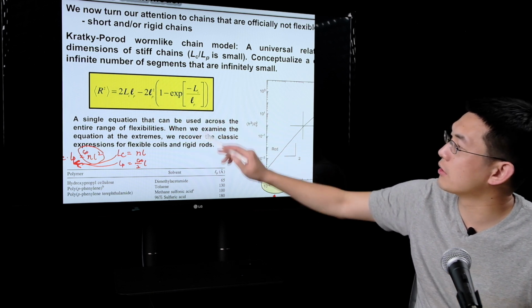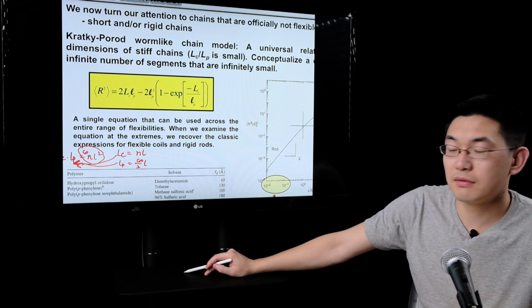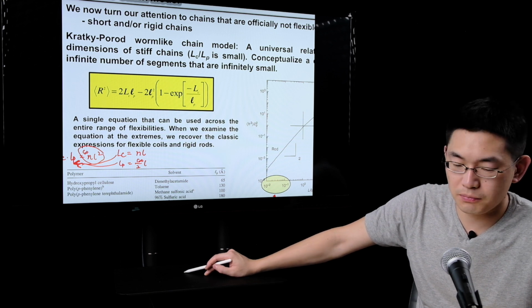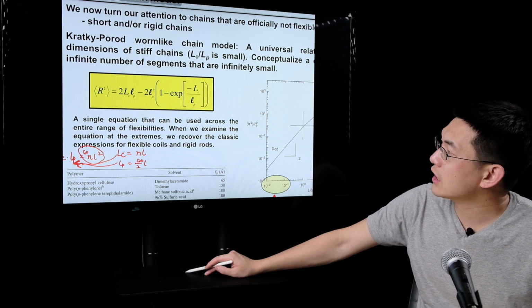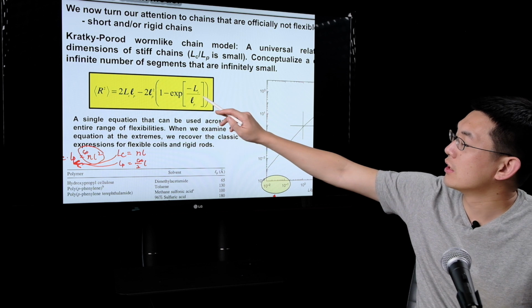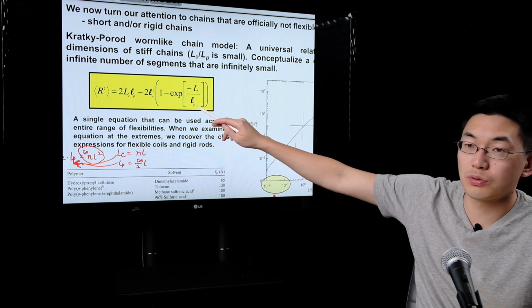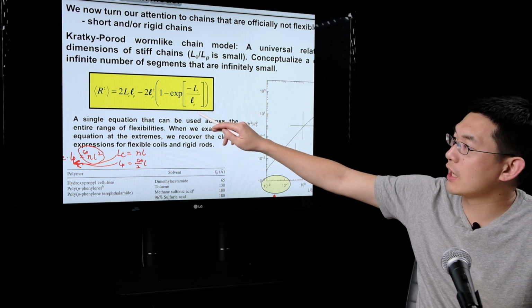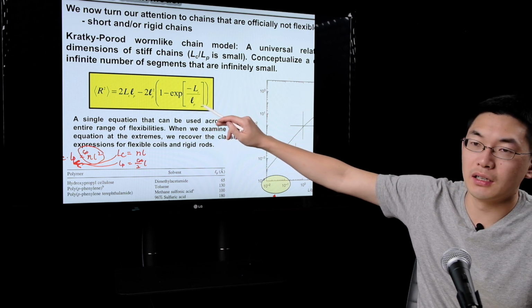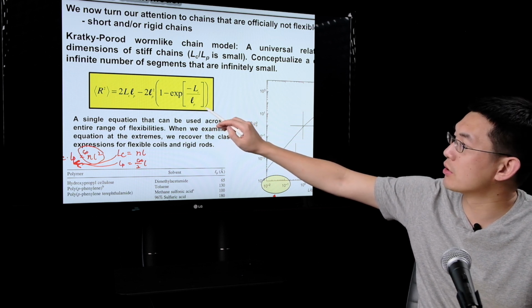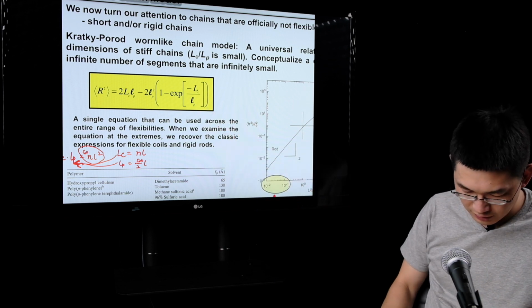So this term will diminish. I want to leave that for you to practice as homework. In the other extreme, if your LC is much smaller than LP, this is basically equivalent to a very rod-like chain. You can describe the end-to-end distance as basically LC squared, okay?